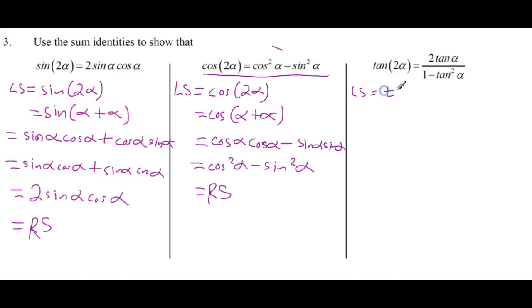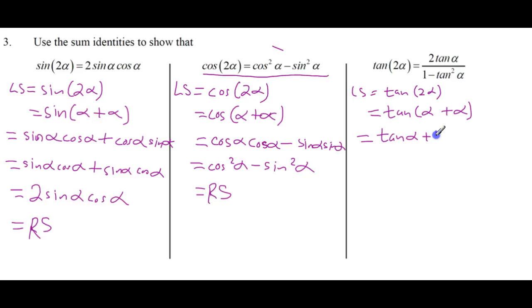Okay, so the left side, that's the tan of 2 alpha. I'm writing this out again because I want a starting point that I can see. All right, so how do we prove the sum identities? We change 2 alpha into alpha plus alpha. We then go through the sum identity for tan of alpha plus beta, but everywhere we see an alpha, we write alpha. Everywhere we see a beta, we write alpha.